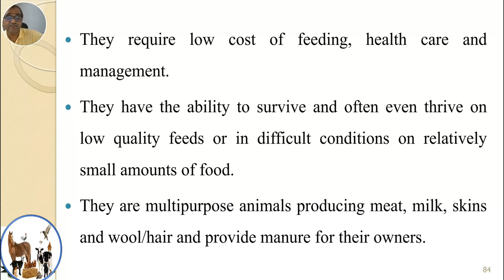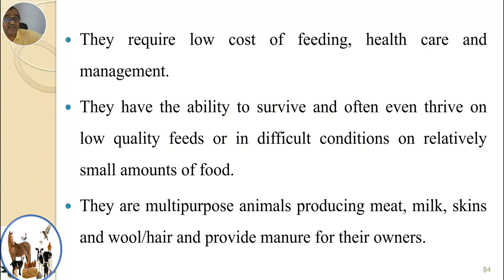They are multi-purpose animals. See, the product of the cow is simply milk, whereas small ruminants like sheep and goat produce meat, milk, skin, wool and hair.